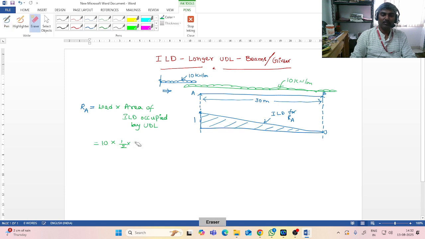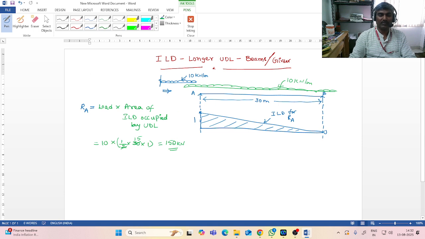It is occupying the complete 30 meters, so base is 30. Height of the ILD is 1. Now this 2 goes here for 15. 150 kilonewtons is the maximum reaction that can occur at A.